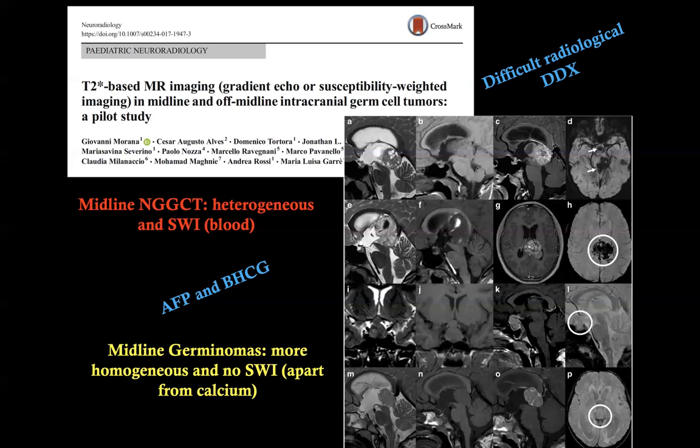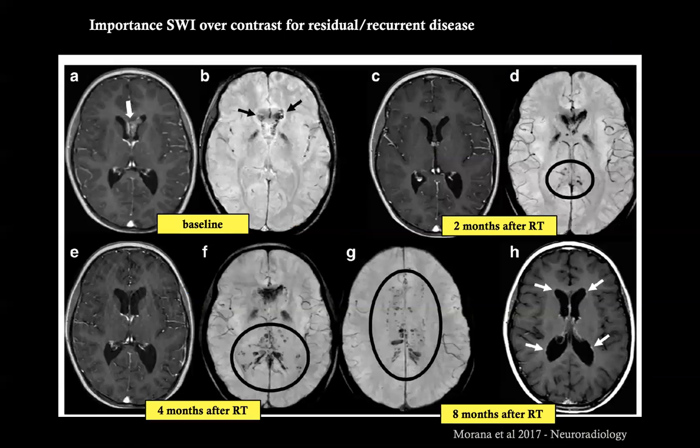because they are typical of non-germinomatous germ cell tumors. Another important thing, as I told you already, is the use of SWI in following up these tumors. So in this case, you have one patient with disseminated germinoma, where this area of metastatic disease corresponds to abnormalities in SWI. And then follow up after radiotherapy, you see that this area is gone, so tumor response to therapy, but the SWI changes are still present.